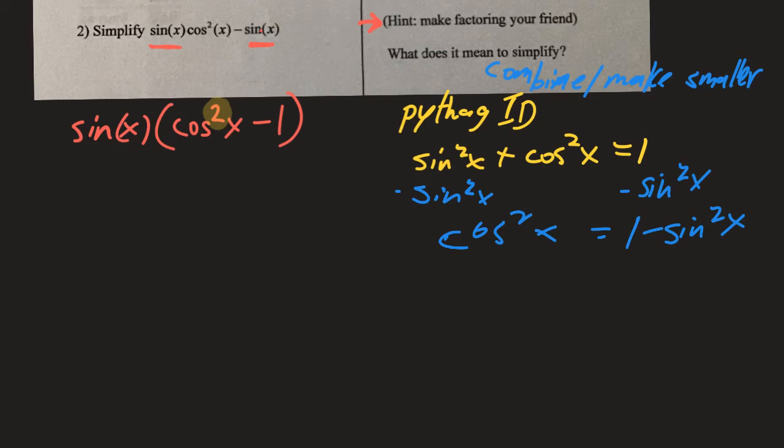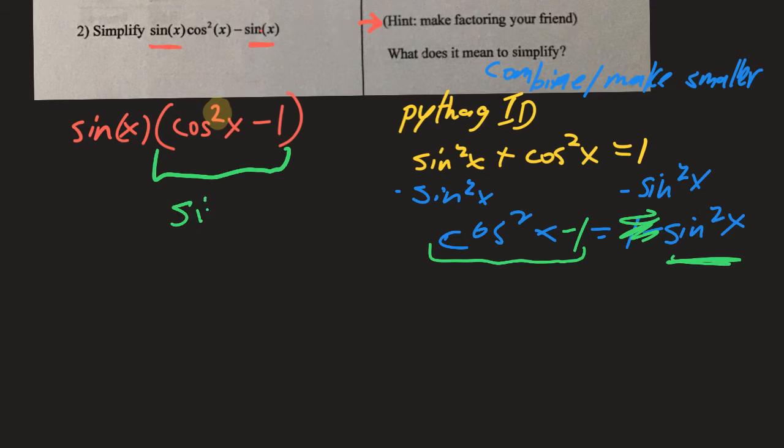Now this might be enough for me just to plug this in here, but we can take it a step further and move this 1 back to the other side. And you're going to see it's going to match up perfectly with what I already know. So if I plug this in, cosine squared x minus 1 is equal to sine squared x. So I'll take this section and we're going to replace it with sine squared of x.